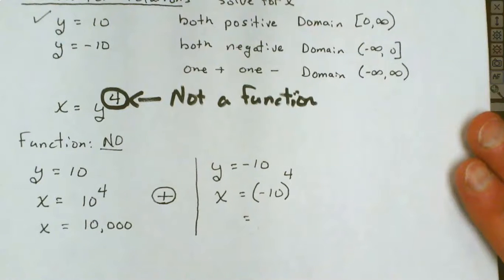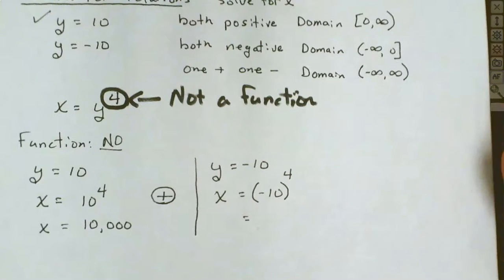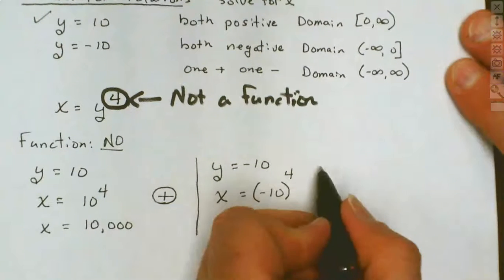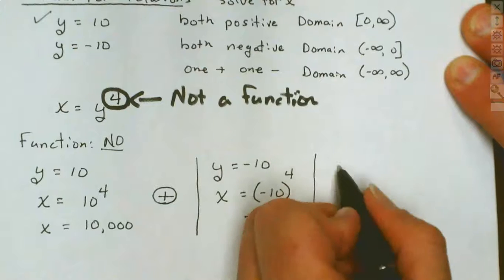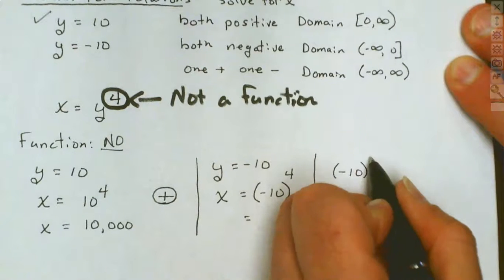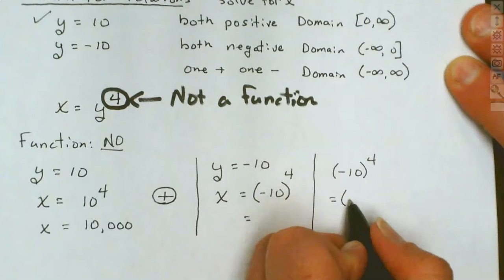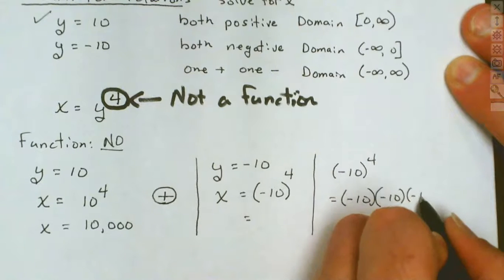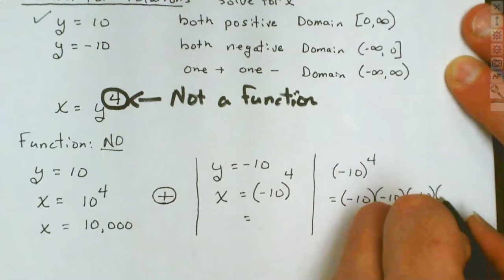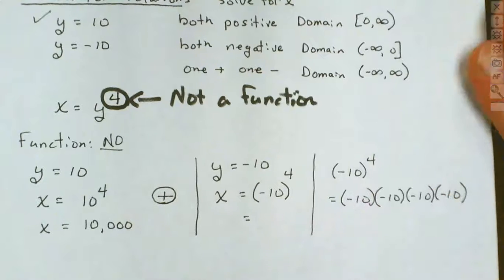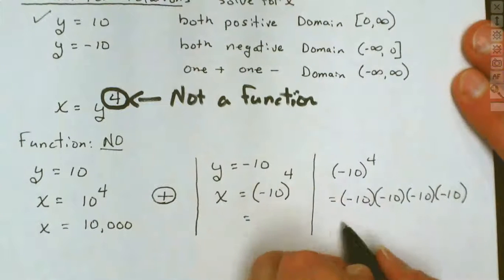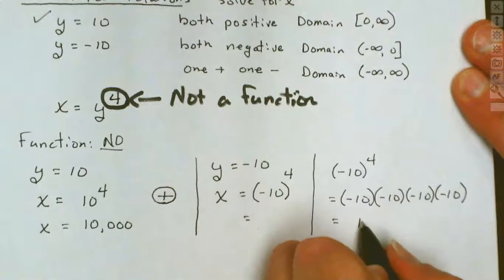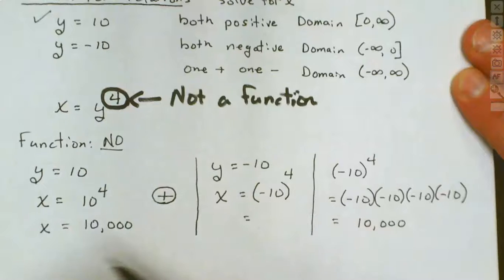Well, negative 10 to the fourth power, would that be positive or negative? Well, let's check and see. Negative 10 to the fourth power. That's negative 10, negative 10, negative 10, and negative 10, right? And 4 negatives are going to make that then again what? Positive 10,000.